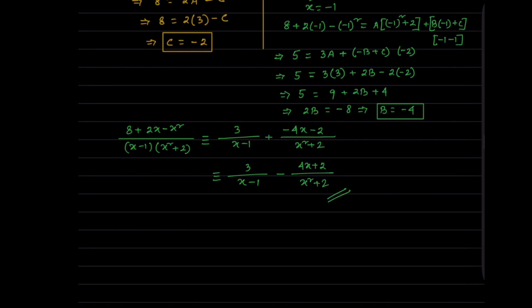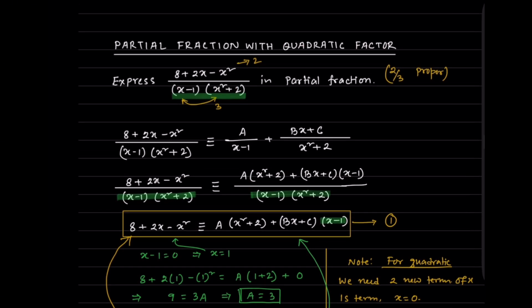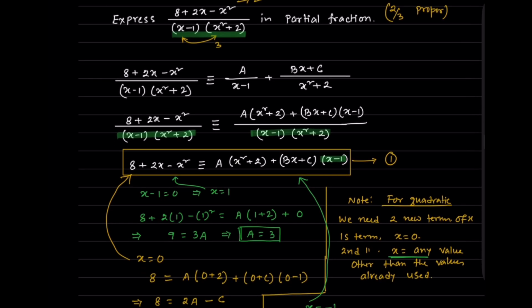Whenever you solve this problem, you have to do all the steps I have done, and if you have done all these steps, you will get full 5 marks in your exam. Don't skip any step, or make any mistakes in calculation. Check the factors properly and take the values.